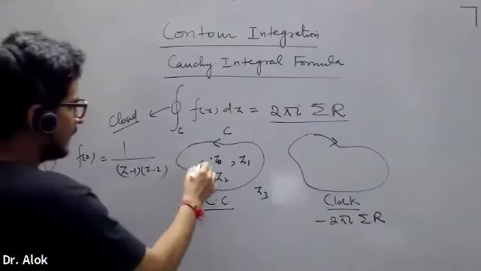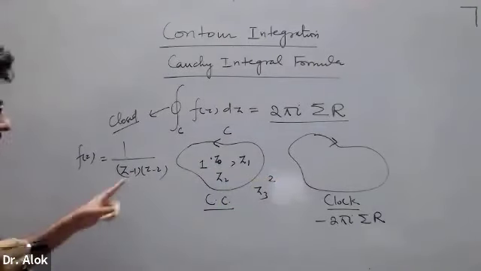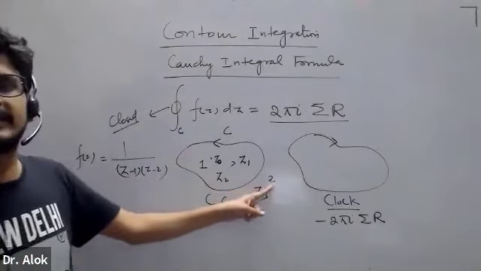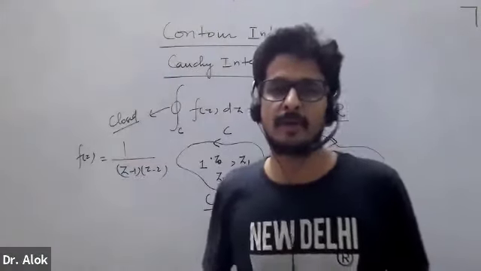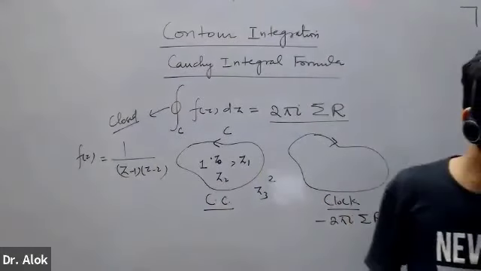Suppose 1 is inside and 2 is outside. So even though you can see in the denominator that z equal to 2 is also a pole, it will not be considered because it is outside your closed contour.